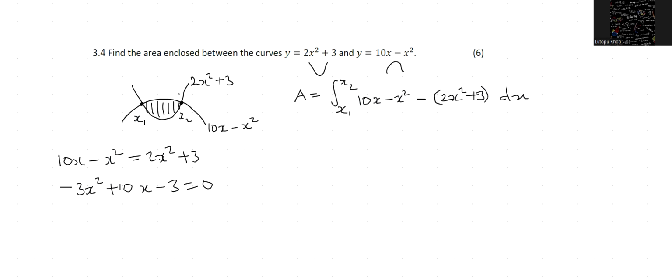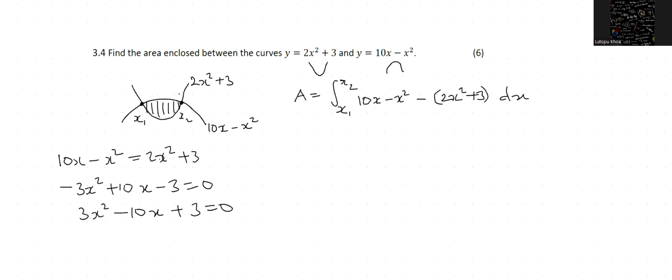Divide everything by -1. So we have 3x squared minus 10x plus 3 equals 0. Okay, so we then solve this quadratic equation by finding two numbers. When you multiply them, the answer is 9.